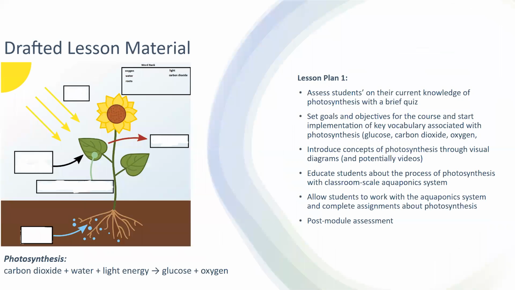So we created a homework assessment on the left, and this is just very basic, very fundamental photosynthesis. And if the students can grasp that concept, then we already tackled one of the goals shown in those educational standards. And you can see this is the first drafted lesson plan, and this is how we would go about introducing the kids to photosynthesis, and then at the end we would just assess their knowledge on the subject.